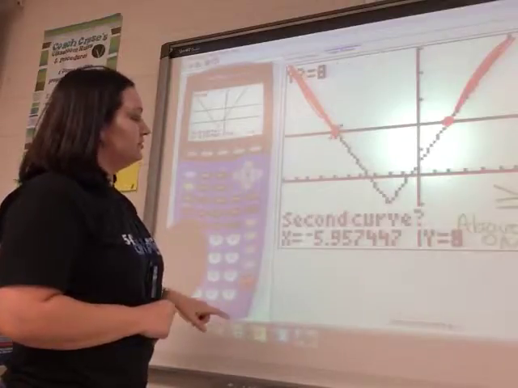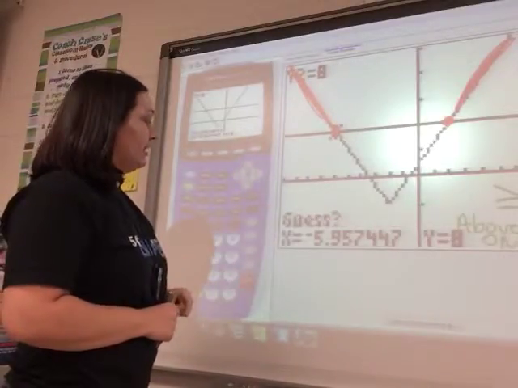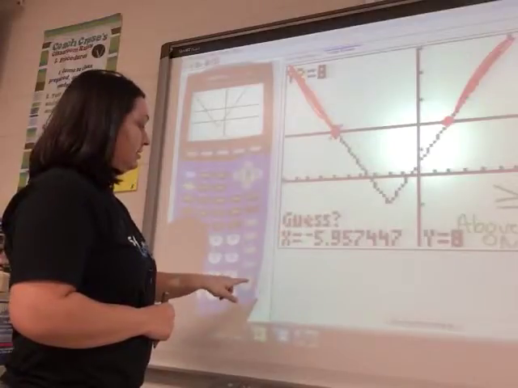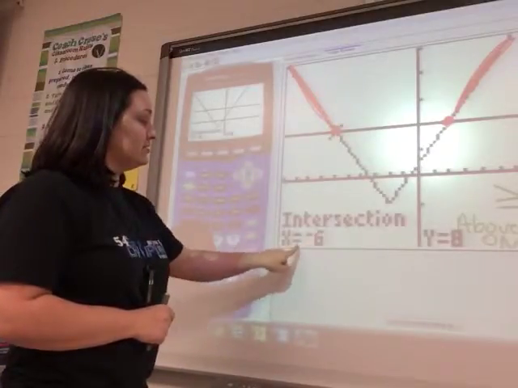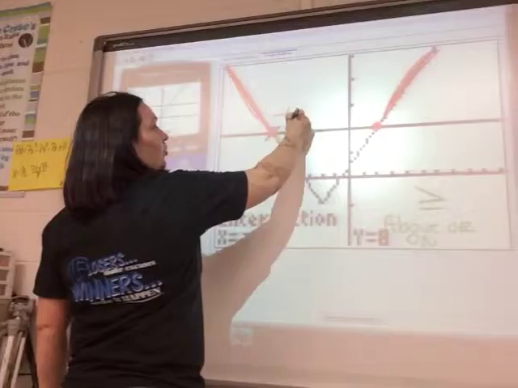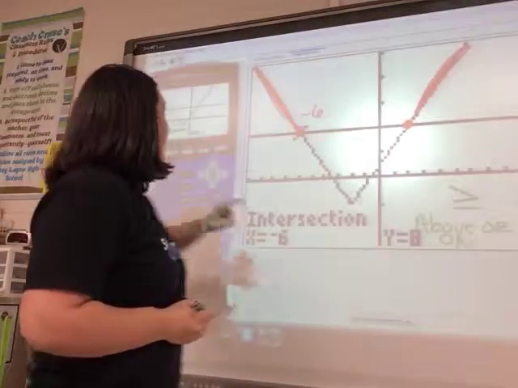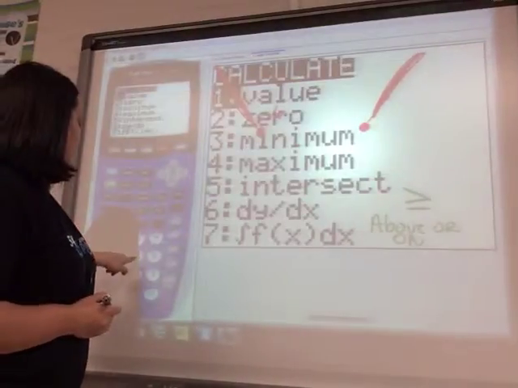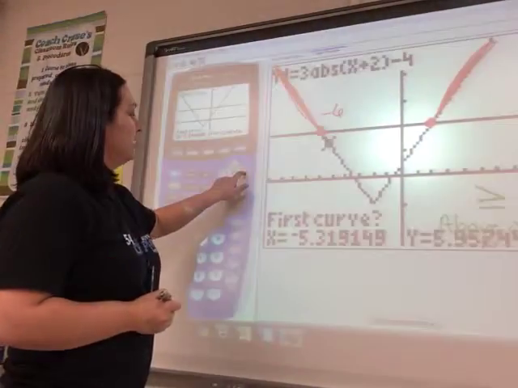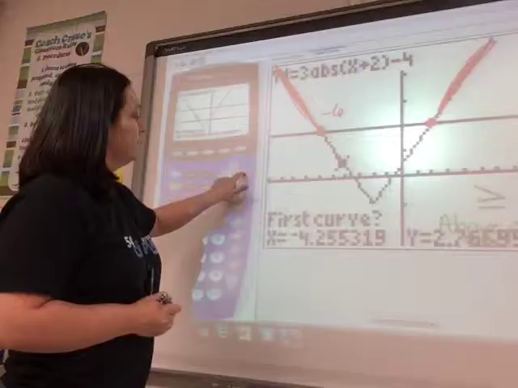Hit enter for your absolute value. Hit enter again for your line. Hit enter to guess. And we get this x value to be a negative 6. That's pretty important. I'm going to put it right there. Do the exact same thing for my right side intersection. Second trace. Intersect. Move my cursor all the way back over there.